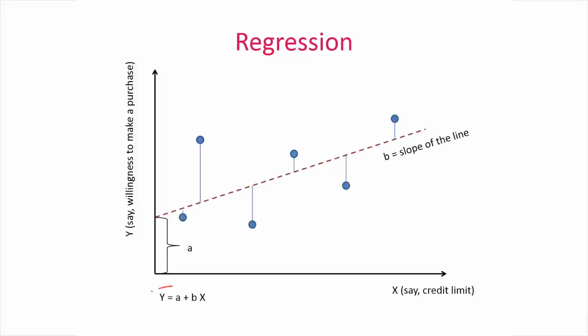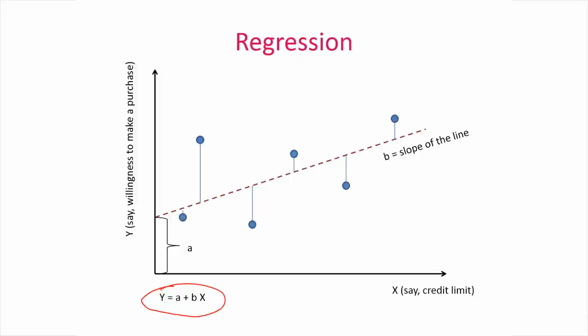And together, our regression line can be captured by this equation, Y = A + BX. So that's what a regression line looks like. If in fact we had a lot of x's, a lot of variables that we believe explain y, then our regression line looks a little bit more complicated, but this is the simplest form of the regression line.